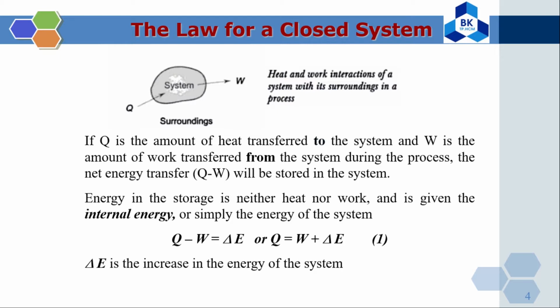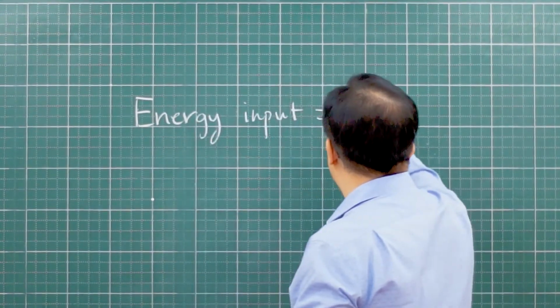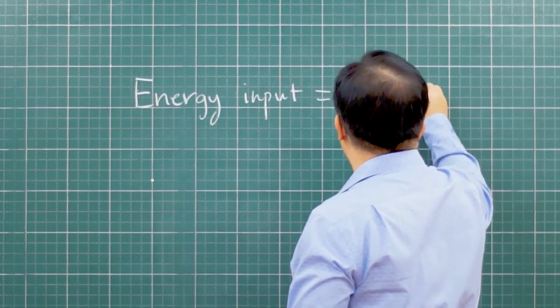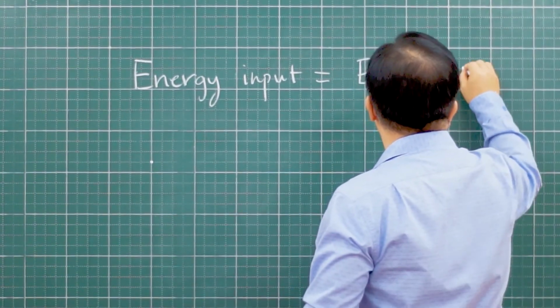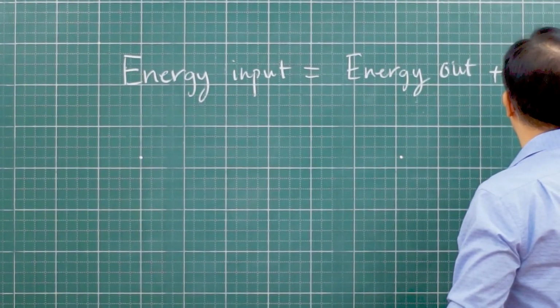Based on the first law, or the law of conservation of energy, one form is: energy input will be equal to energy output plus the stored energy.